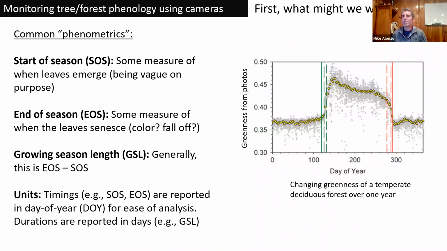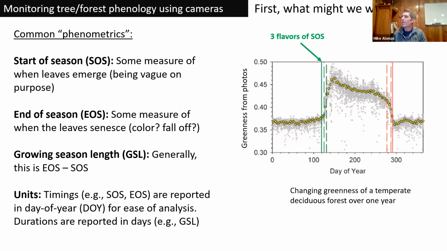So some ways to measure this, phenometrics, one might say. There's a bunch of these, but I'll just talk about the key ones. Start of season: basically, when are some amount of leaves on the tree canopy? There's a bunch of ways to measure this. Here you're seeing 3 different arbitrary points in time where you can say, this is the day of year that we're saying start of season happened.